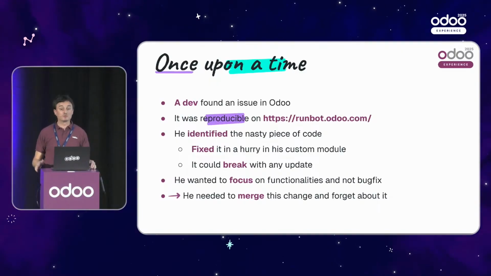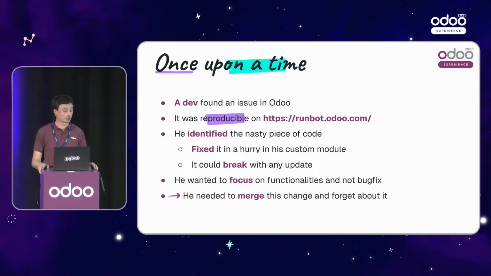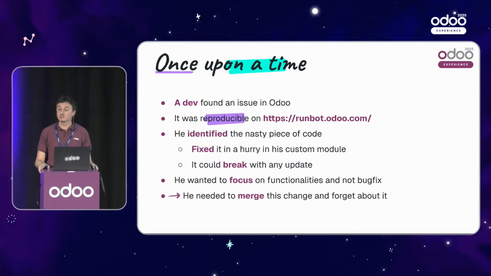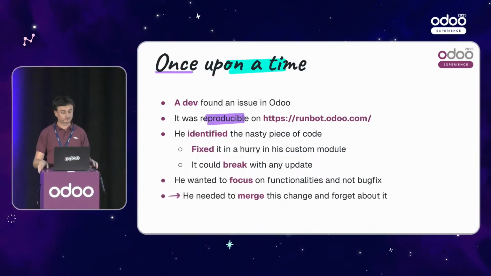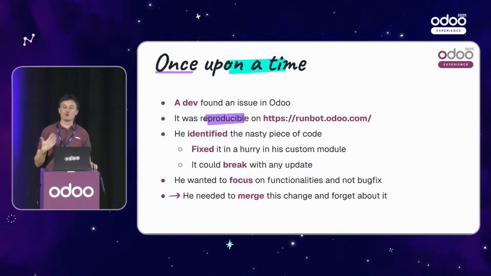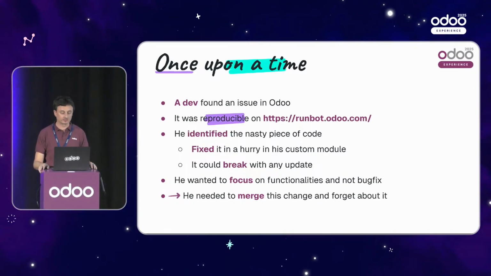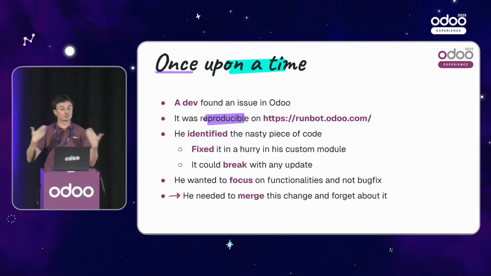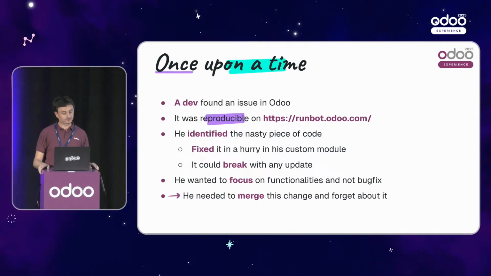So I would say you are a developer and you find an issue in the code base. You can reproduce it on the runbot. It means that it is in our code, not yours. And you are able to identify what is not working as expected. You can fix it in a hurry. You just make sure that it's not crashing, it's not blocking your flow or your company.